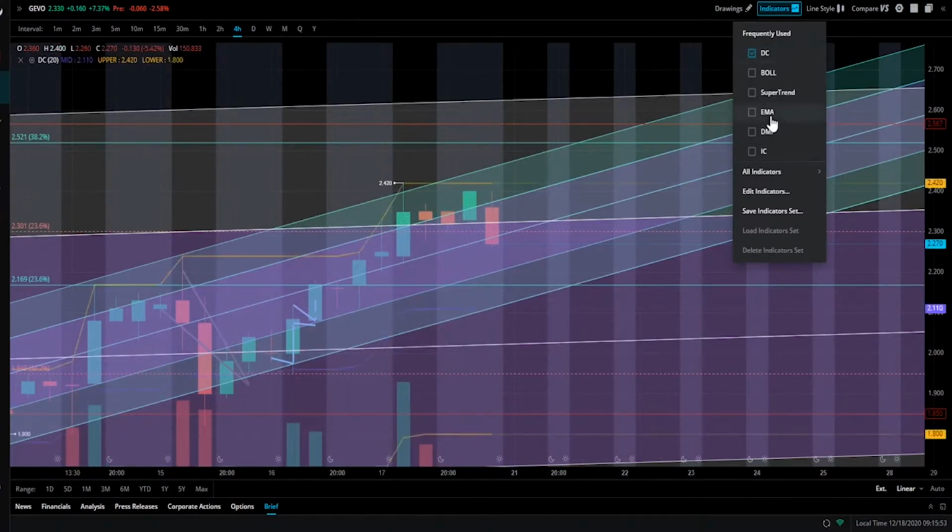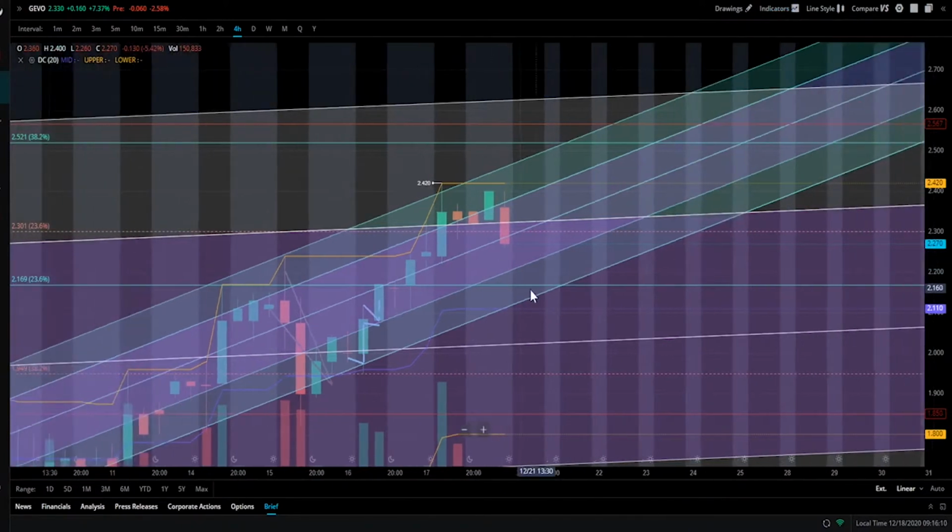BC, again, we are moving away from the upper band, which confirms that we need to drop a little bit. So whether it's going to hold here or go all the way down here, we will need to see that.